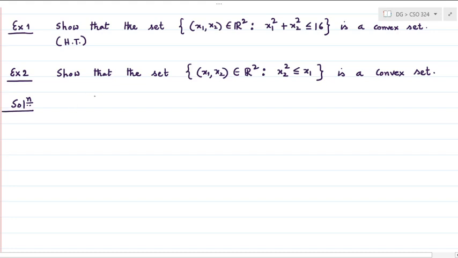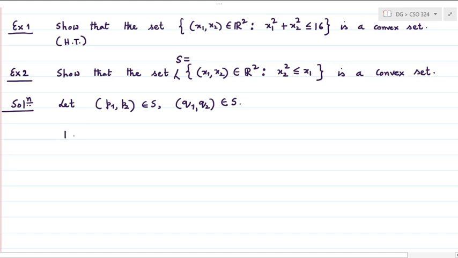we take a pair of points, let's suppose y1, y2 and z1, z2, or p1, p2, q1, q2. So let you have p1, p2 belonging to this set. Let me denote this set by S. Belonging to S, and also the point q1, q2 is belonging to S. Fine.